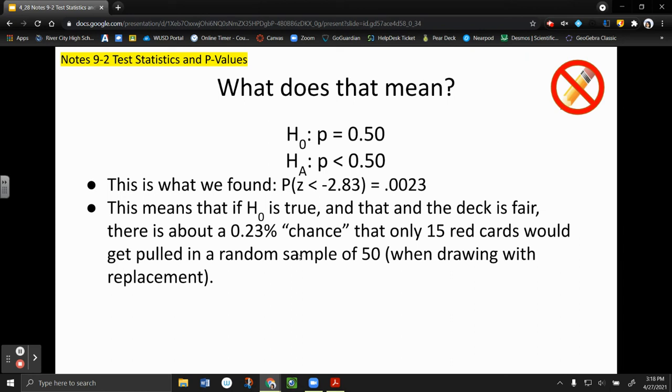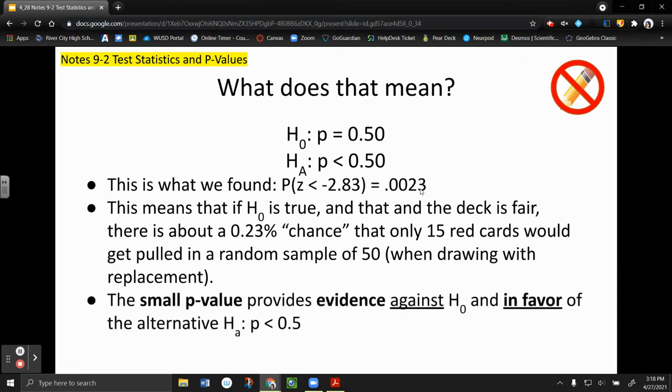Maybe our original claim is false. So that small p-value gives us evidence against our null in favor of our alternative. Because this is so unlikely to happen, 15 out of 50, that indicates evidence that maybe our alternative is true, that the proportion of red cards is less than 50%.